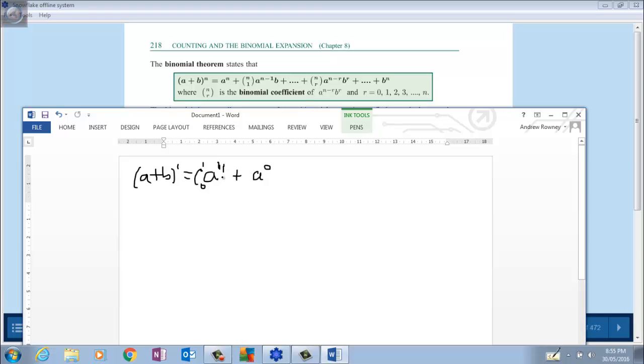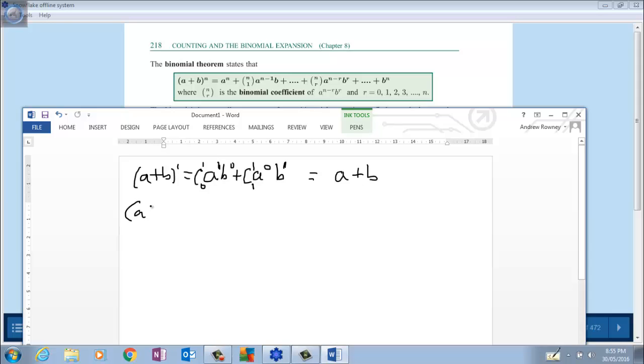And here we've got b to the 0, and we bring that up, so that's b to the 1, and the C is going to be C11. So that's the order, which actually is, C01 is 1, and so that reduces to a plus b. So that's a basic one.